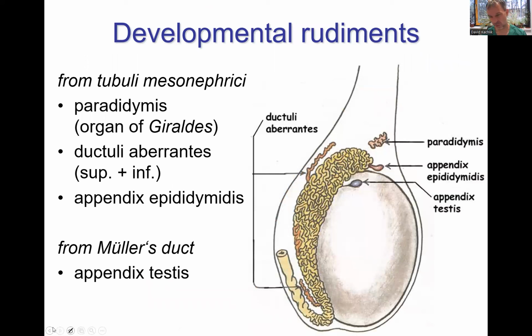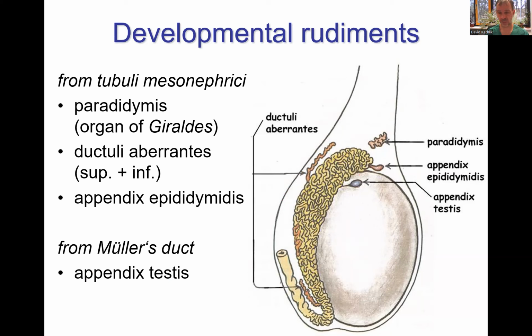And we conclude this part by developmental rudiments which can appear inside scrotum. So we can have a developmental rudiment even from the paramesonephric duct of Müller, which is reduced by anti-Müllerian hormone produced by Sertoli cells.